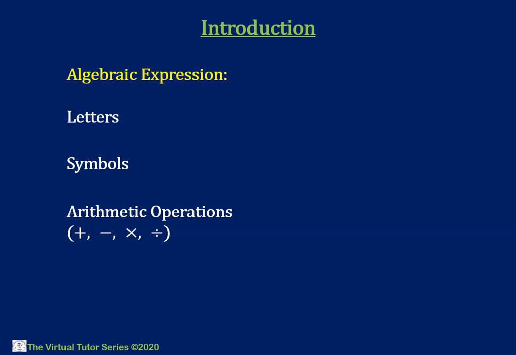Examples of algebraic expressions are 2πr, 3x over 2, and x + 2y - 4.